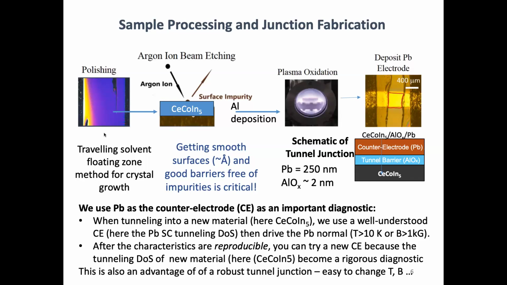And then when you're done polishing the CeCoIn5, in the vacuum system you etch off any impurities in the surface just by ion etching. And then you put a little bit of aluminum on the surface. And within the vacuum system, you do something called plasma oxidation, which I've worked at for many, many years. Instead of just oxidizing in air, you give it a little oxygen and put on a little plasma in a little ring.